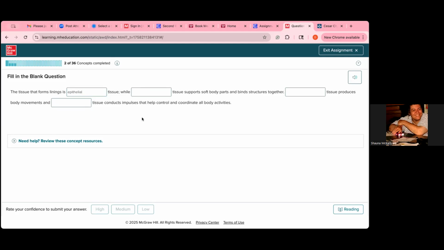Okay, what kind of tissue supports soft body parts and binds structures together?